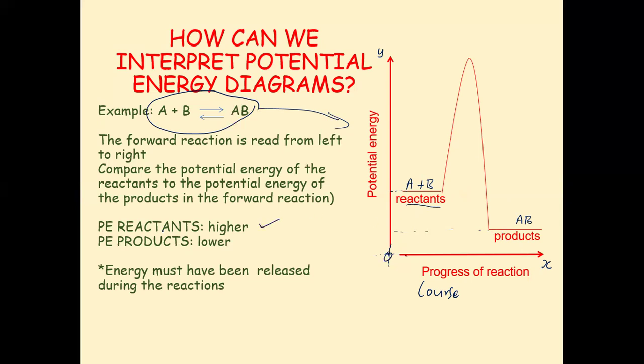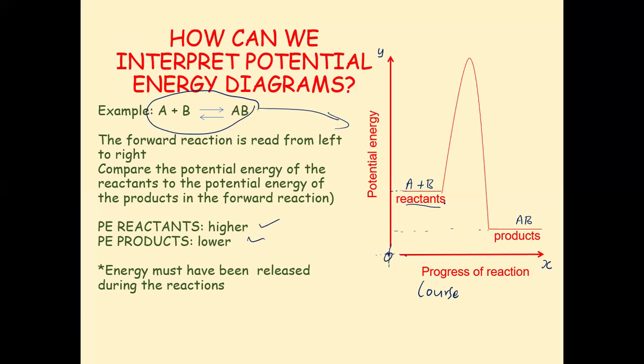We have high energy of the reactants. We have lower energy of the products. We are comparing them. This is lower than that. This is higher than that. So what does that mean? When we have high energy of the reactants and low energy of the products, we say energy must have been released during the reactions.